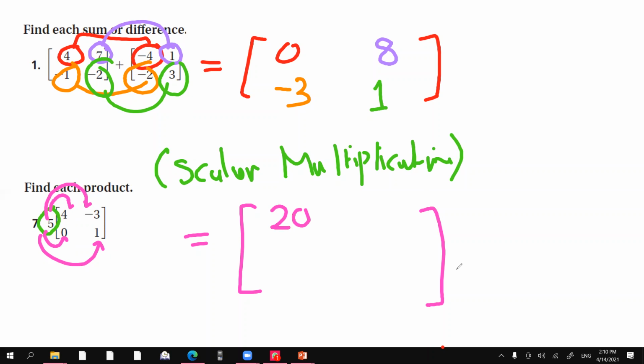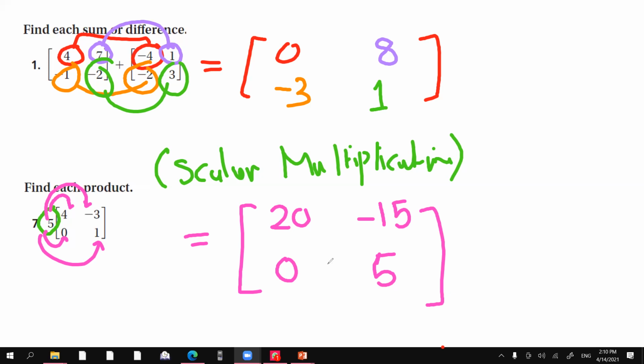Then 5 times -3, which is -15. Then 5 times 0, which is 0. Then 5 times 1, which is 5. This is what we call scalar multiplication.